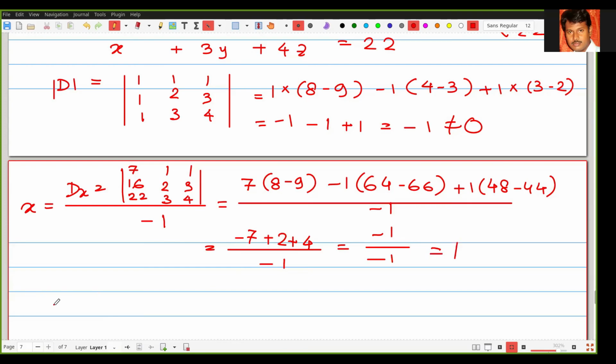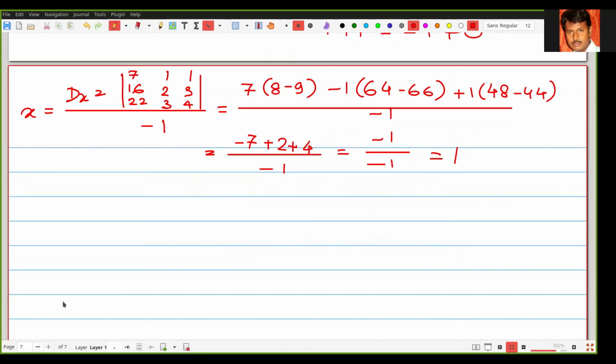So x is equal to 1. Let's check what is the value of y.